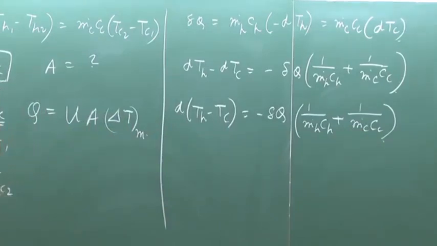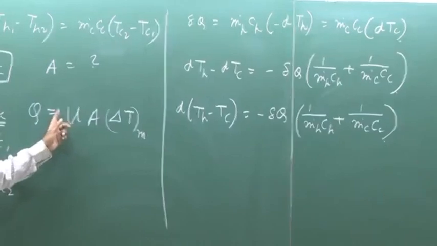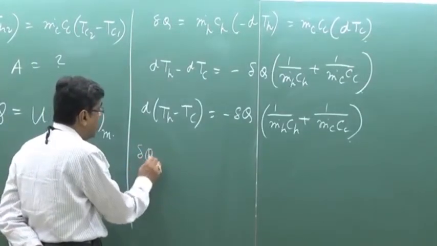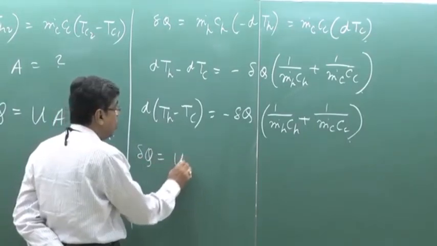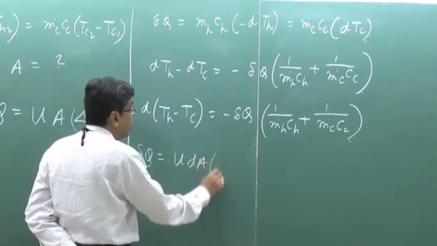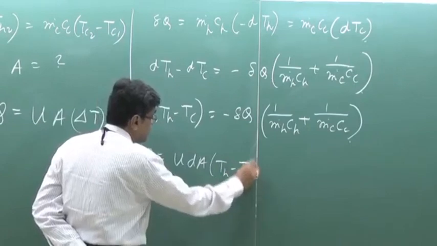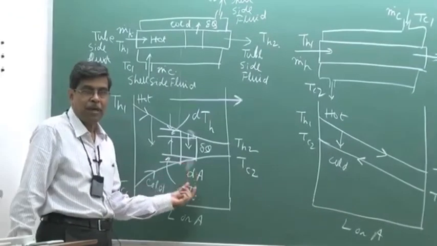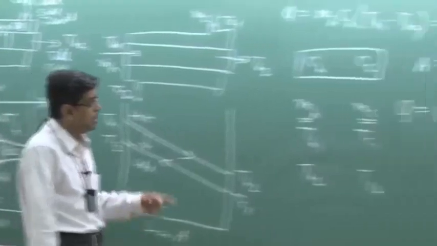Now from the definition of heat transfer by this equation, the overall heat transfer coefficient, we can write del Q at that section is U dA into (TH minus TC), because TH and TC are the hot fluid and cold fluid temperature at that section, an infinitesimally small section of area dA. So this has to be valid.